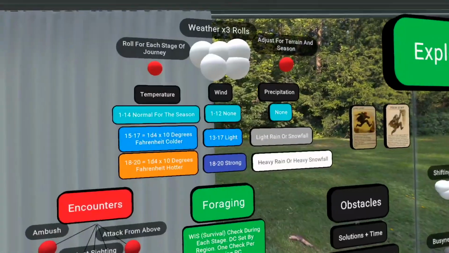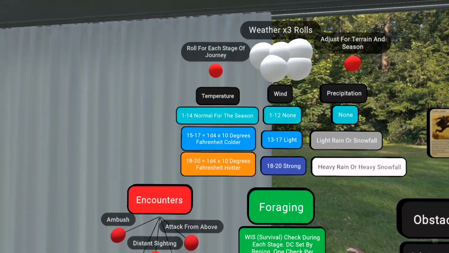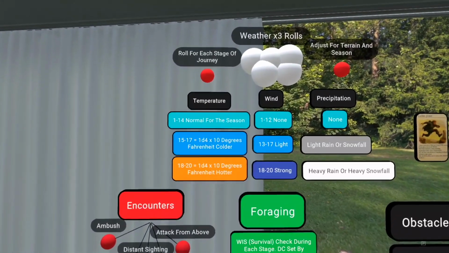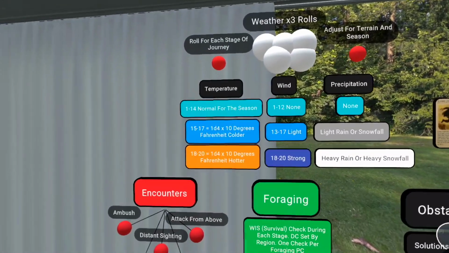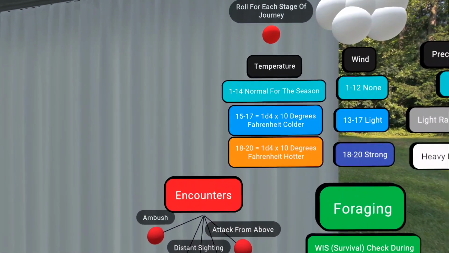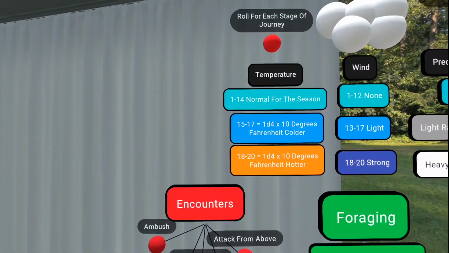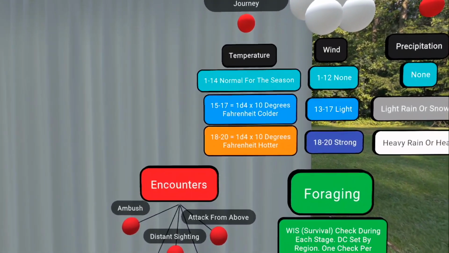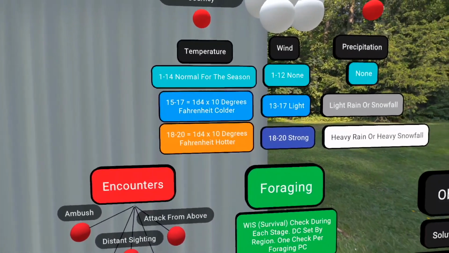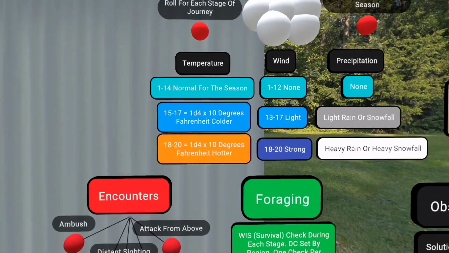And it's just taking you through here, things like temperature. These are rolls you can make as a dungeon master to determine the temperature when they're out exploring. So for example, if you roll between a 1 and a 14, then the temperature is normal for that season. And also that you can use that to determine wind.